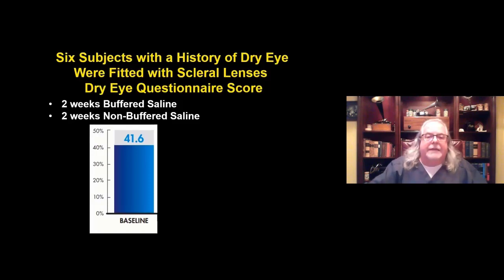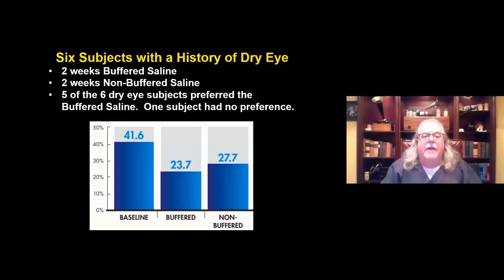And that is the fact that the buffered saline solution, when used 2 weeks, and the non-buffered saline resulted in some different results in these dry eye patients. We had the patient fill in a dry eye questionnaire, and as you can see here, the baseline score of that dry eye questionnaire was 41.6.